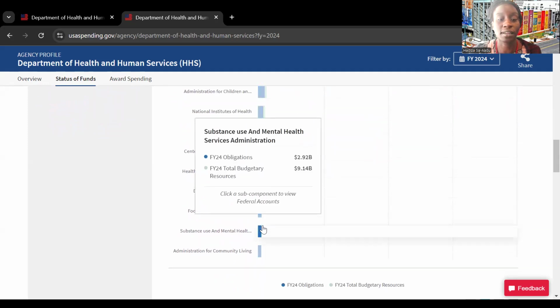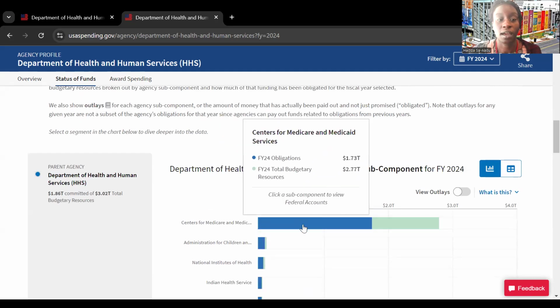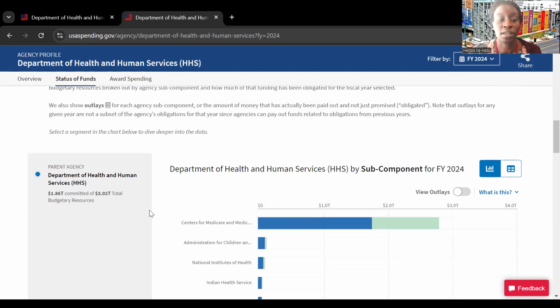So we can see how each subcomponent takes up the budget of Health and Human Services, or how much the Department of Health and Human Services has as far as its ability to disperse.